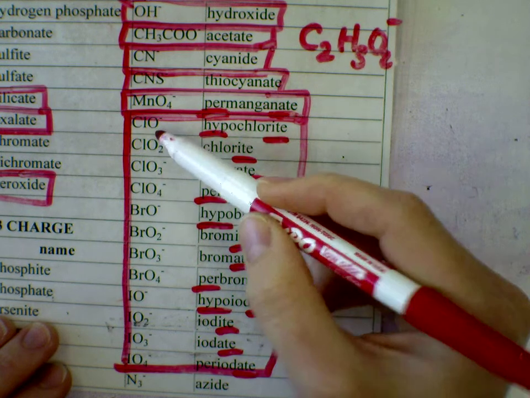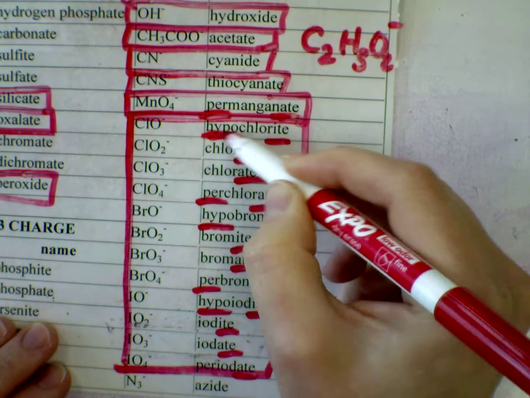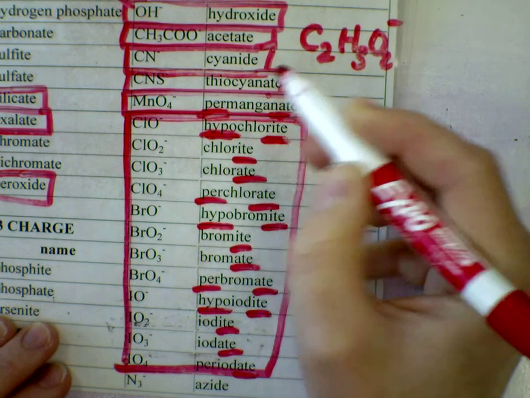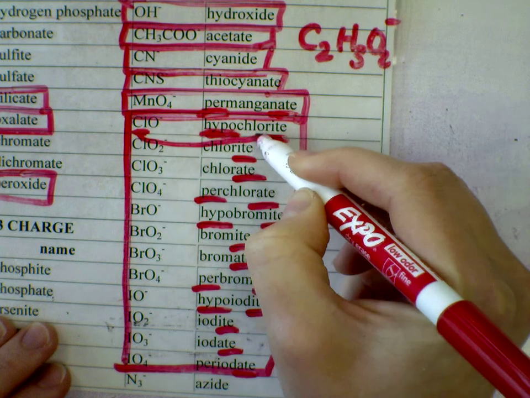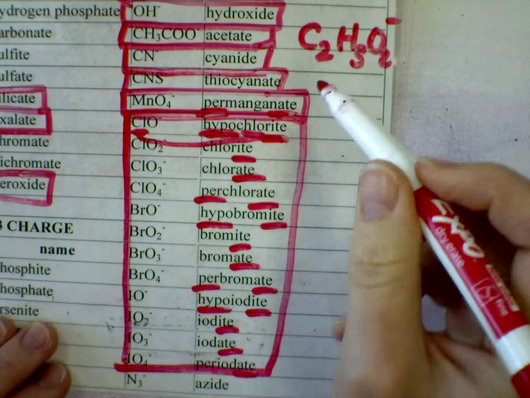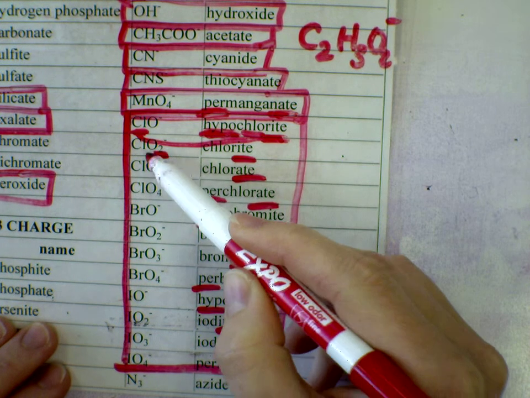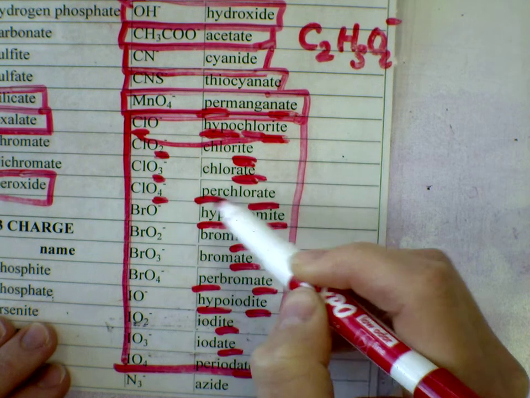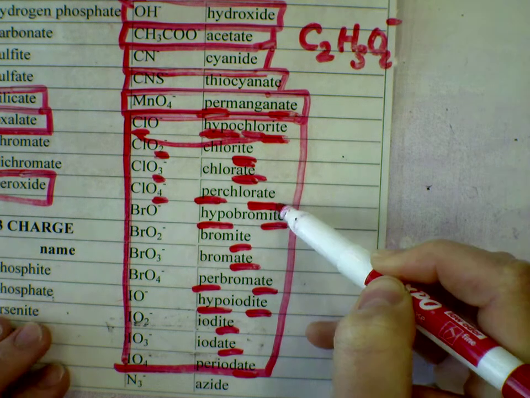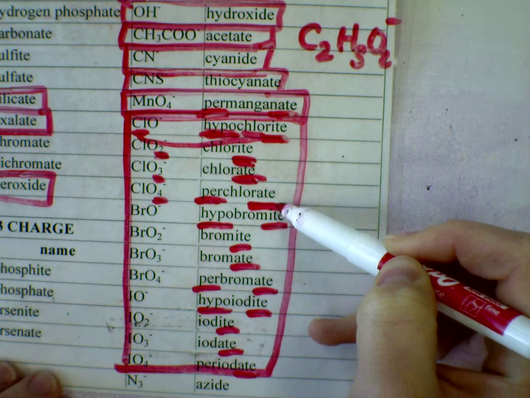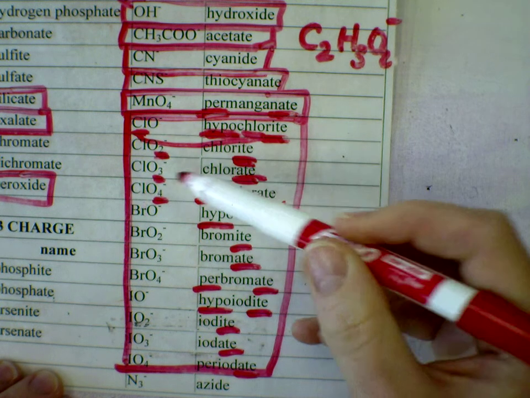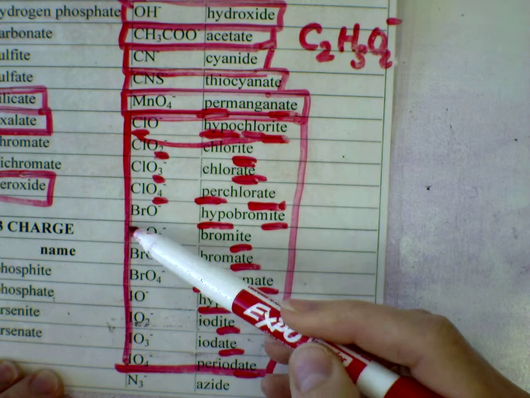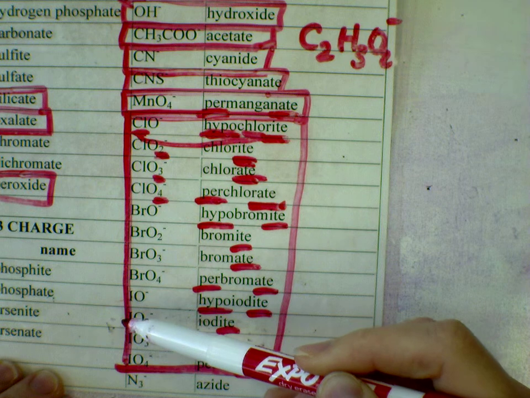So when there's only one oxygen, you have the hypo-ite, and then whatever the ion is. Chlorine is chlor. You have ClO2, 2 oxygens is ite, 3 oxygens is ate, 4 oxygens goes with per and ate. So a little bit of a pattern. And then you just change chlorine to bromine and bromine to iodine.